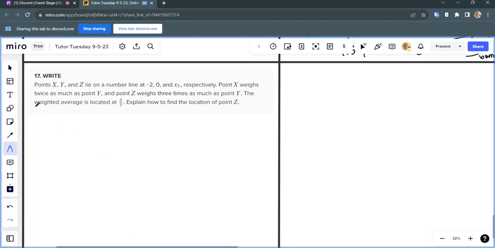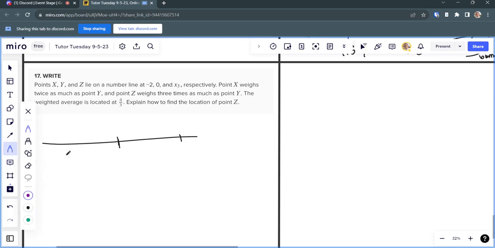Points x, y, and z lie on a number line at -2, 0, and x3 respectively. Interesting. My first intuition is just to sketch this number line. We've got points -2, 0, and x3.